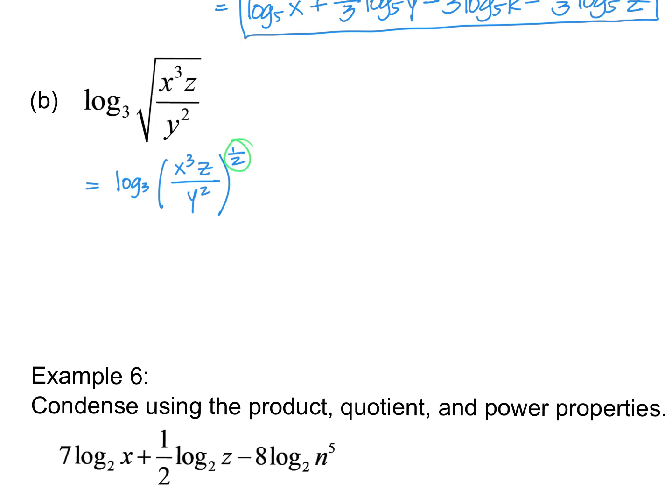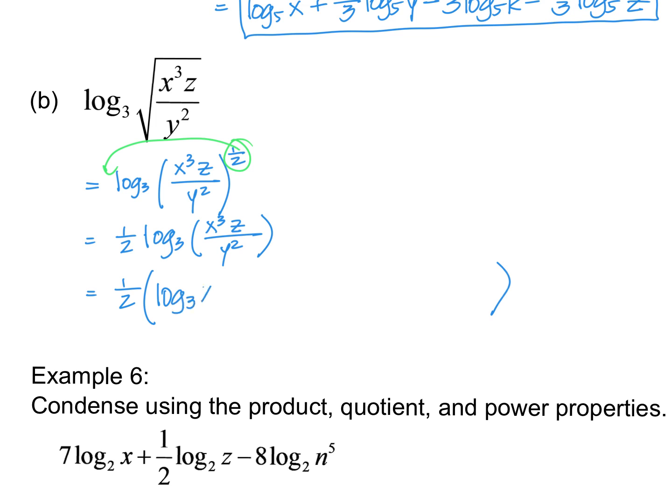Next, we're going to move this 1/2 to the front, giving us 1/2 times log base 3 of x cubed times z over y squared. Then we're going to expand this log into 3 separate logs. The first log is log base 3 of x cubed. The second log is log base 3 of z. And the third log is log base 3 of y squared.